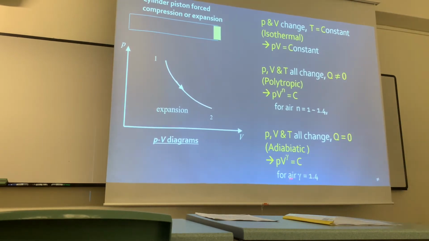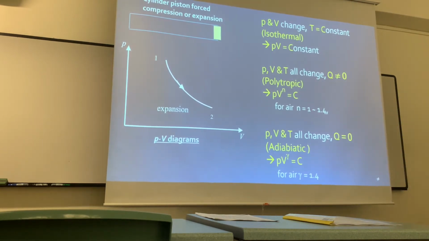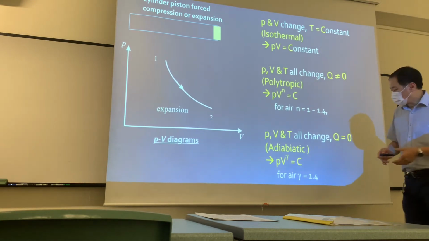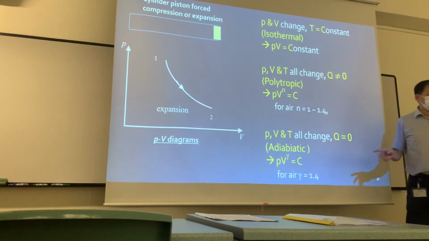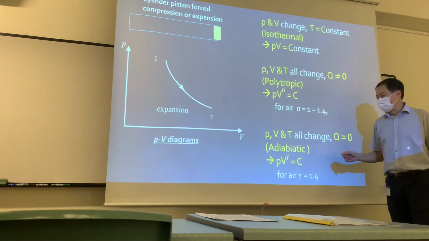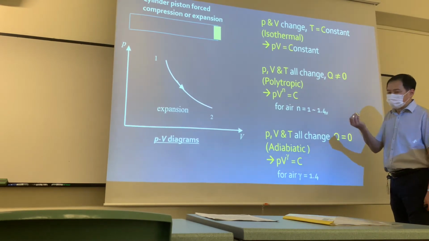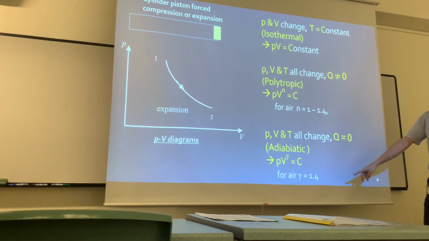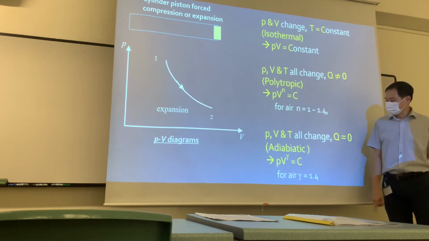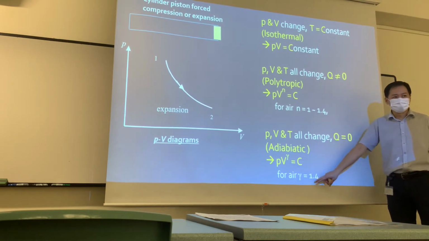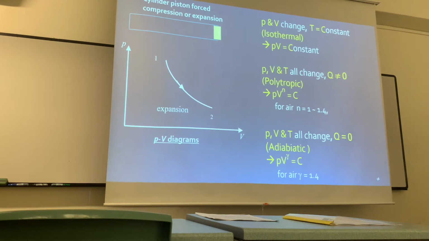For other gas, for example, some companies use liquid nitrogen. Then this liquid nitrogen evaporates and becomes nitrogen gas. The properties are different also. The gamma for pure nitrogen is slightly different. It's not really 1.4.